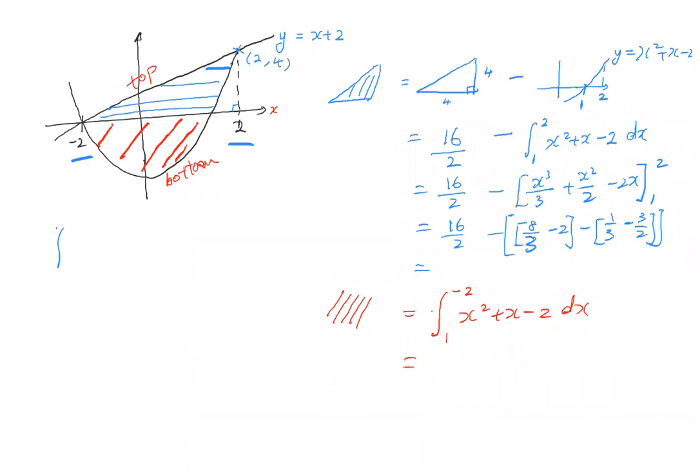They can ask you, if I integrate from -2 to 2 of x squared plus x minus 2, take away x plus 2 dx, fill in the blank, 0. Okay, you give me.